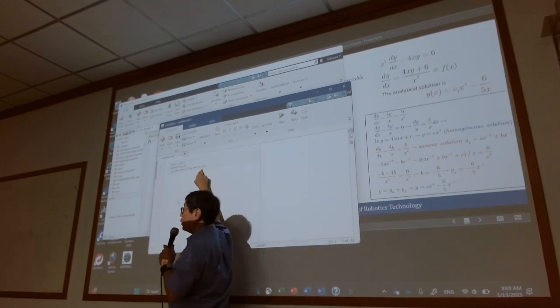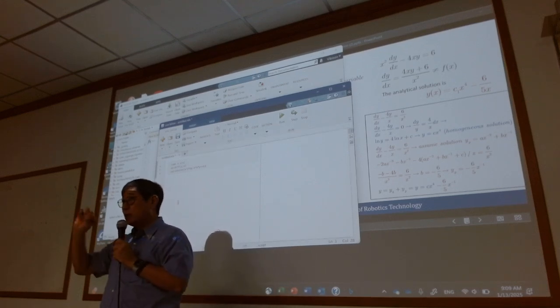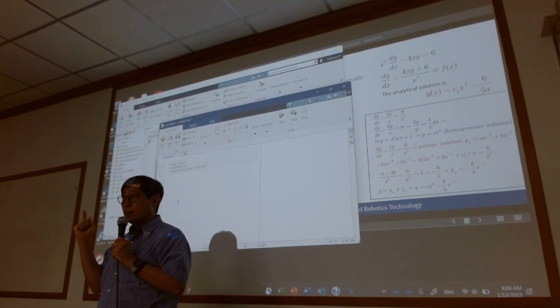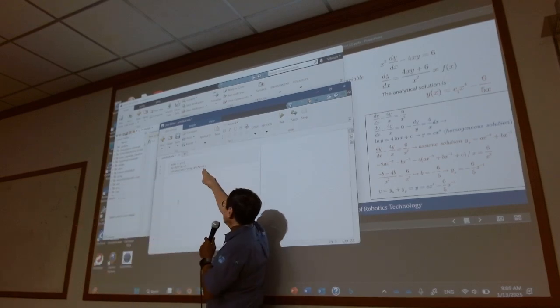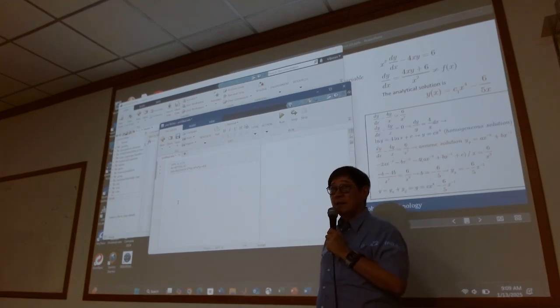I have to use double equal because it's symbolic. Single equal is numeric. Okay? 6.